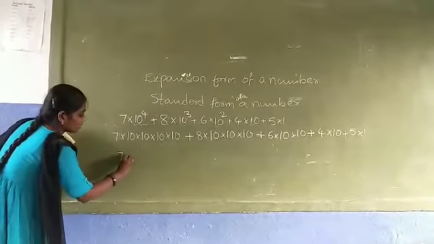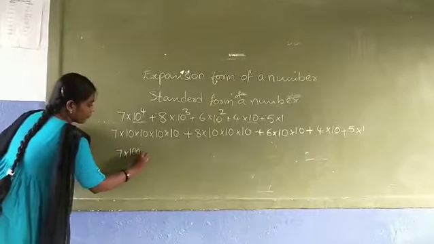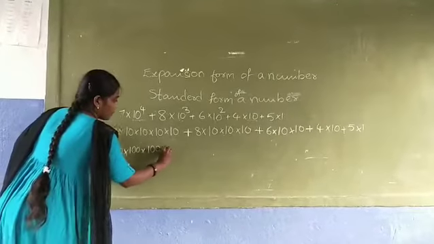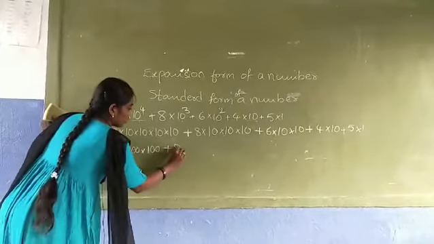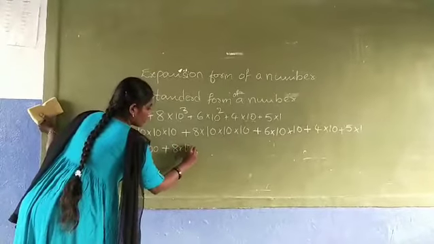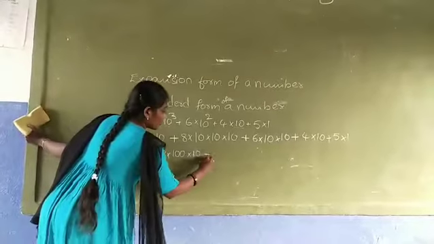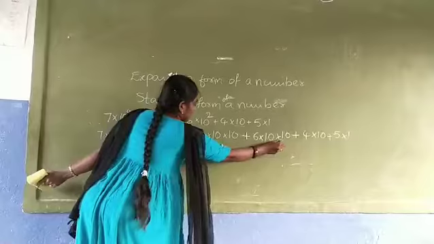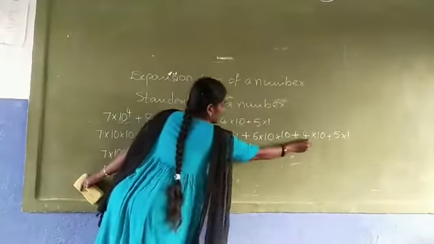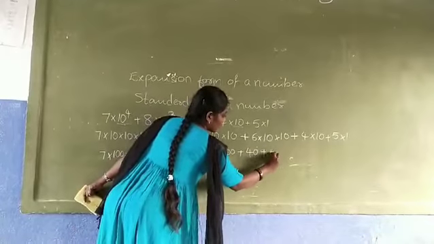Then 7 into 10 times 10 is 100, into 10 times 10 is 100, plus 8 into 10 times 10 is 100 into one more 10, plus 6 into 10 times 10 is 100, plus 4 into 10, 40, plus 5 into 1, 5.